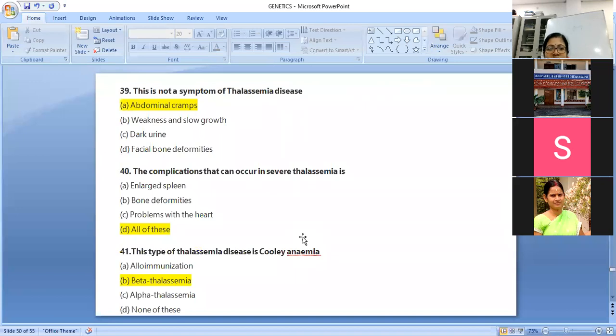Now, this is not a symptom of thalassemia disease. The beta chains or alpha chains, if there is a mutation in either of the chains or in both, or there is an absence of one chain, in that case, the RBC morphology will change.